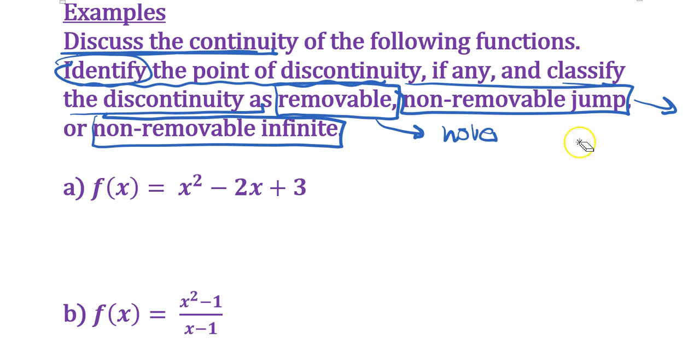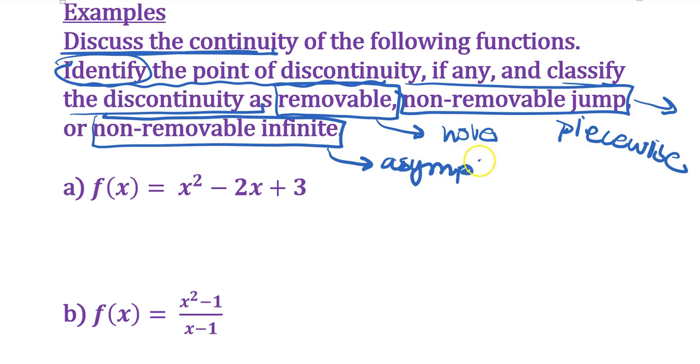I want to erase this. I misspoke here. I apologize. The non-removable jump is the type of discontinuity that comes from the piecewise. And the non-removable infinite is the one with the asymptote. So we will look at that and deal with that as we go through each of these problems.